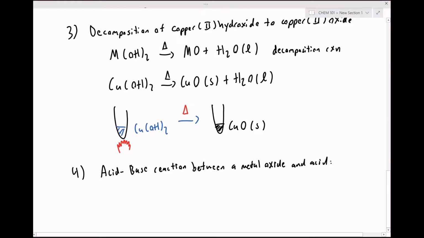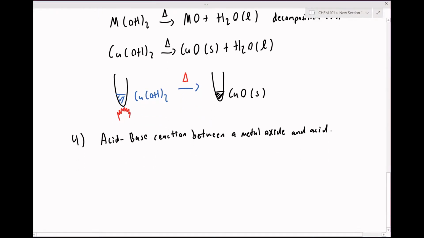Depending on how you view the dissolving process, you can view this as an acid-base reaction or an exchange reaction.